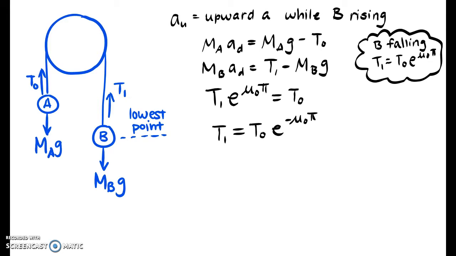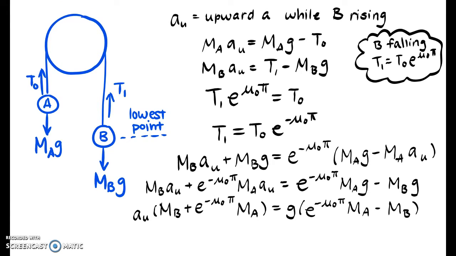Now, by following the same logic as before, we simply plug in what T1 and T0 are and solve for AU. So we follow the same steps to solve for AU, and also earlier this was MA times AU, not AD, and similarly this was MB times AU, not AD.